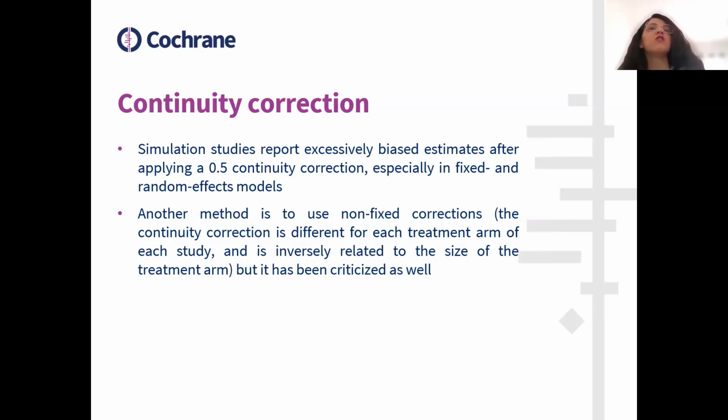That means that the continuity correction is not just 0.5, but it depends on the different treatment arms of each study, and it is inversely related to the size of the treatment arm. This method has a better performance than the 0.5 continuity correction, but it has been criticized as well.